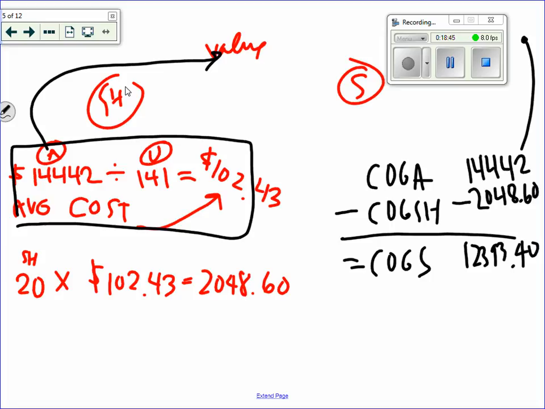And I'll have students, the teacher in me is overwriting notes, I'm over explaining everything. Could you do this all on a calculator and not have to show your work, so to speak? You could just put the number under ending inventory could be 2,048, the number under cost of goods sold could be 12,003. You could do all that on a calculator. I like the over labeling of things just to repeat it in your head so it makes sense.